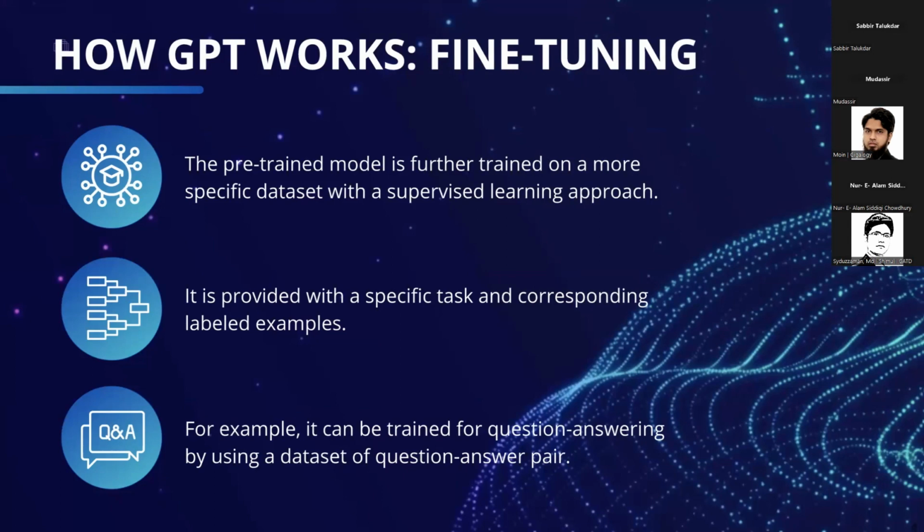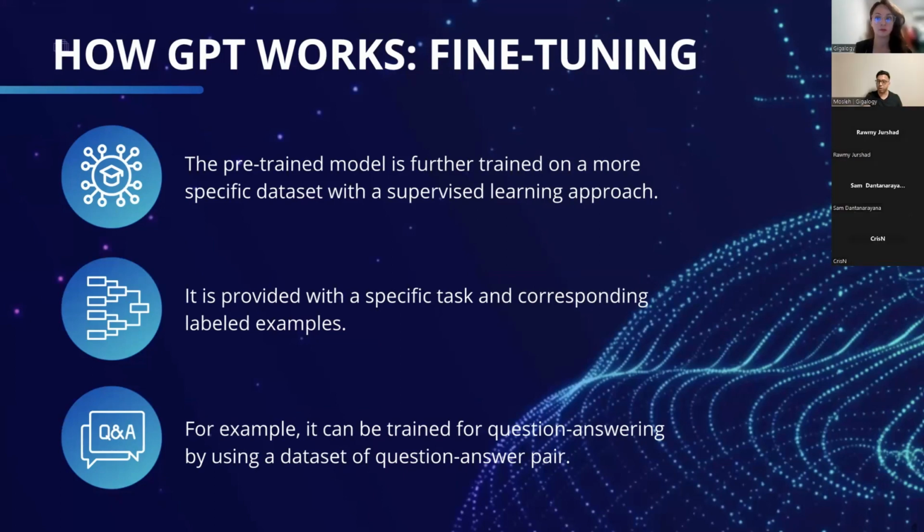One example could be you could build a question-answer type of bot or a chatbot for your customer service, where you will probably train it with a bunch of questions and answers as your dataset and fine-tune it until it comes to the stage that it gives you a very good answer.